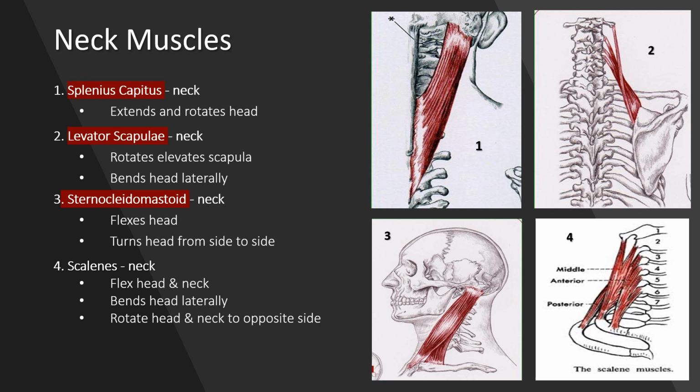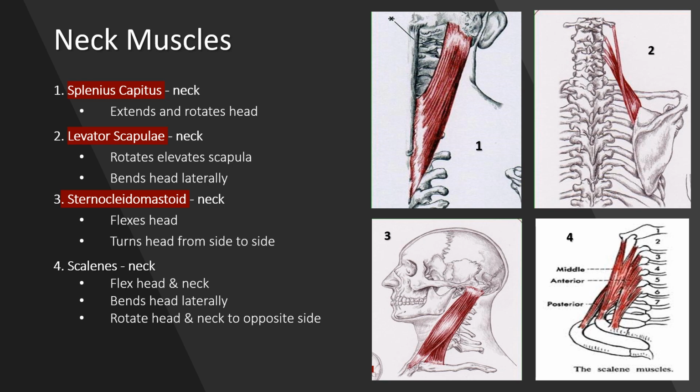So the scalenes, being on the front of the body, also assist in flexing the head and the neck with the sternocleidomastoid. They also work with the levator scapula to bend or flex the head laterally, so ear to shoulder at the side. And again, they help to rotate the head and neck using the opposite one.